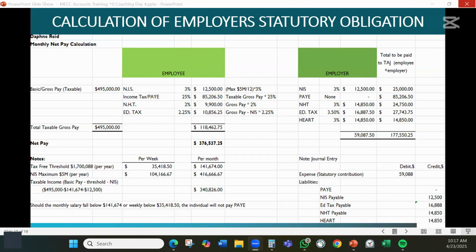Abiathar, are you able to open those sheets? Nicholas, are you able to open the sheet?